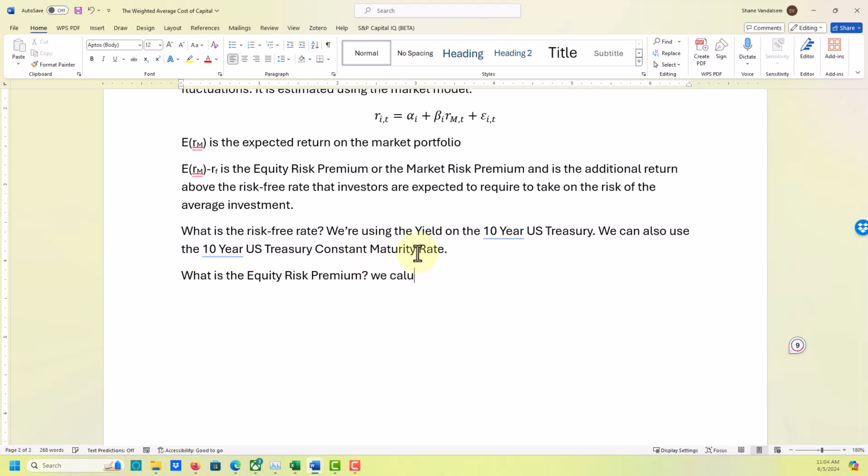We calculated it as the average annual excess return above the 10-year U.S. Treasury rate of the S&P 500.